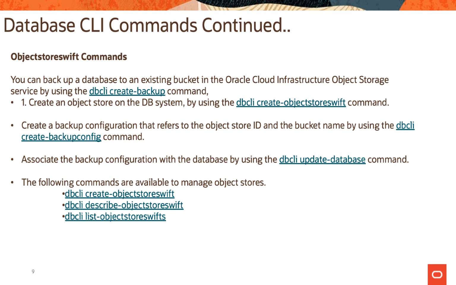So three commands you will be using in order to take advantage of this. And the other commands which are available to manage object store are create objectstoreswift, describe objectstoreswift and list objectstoreswifts.